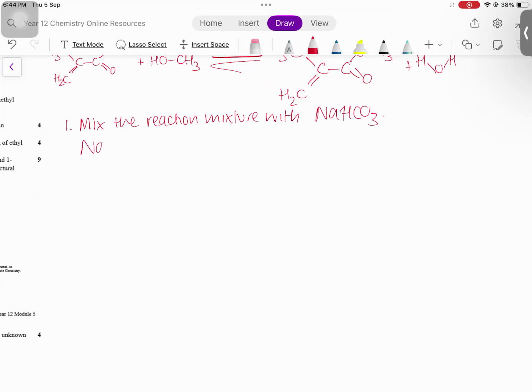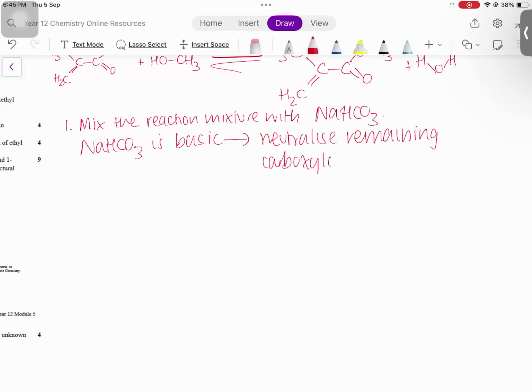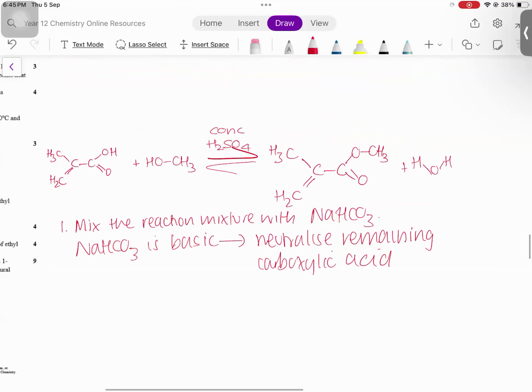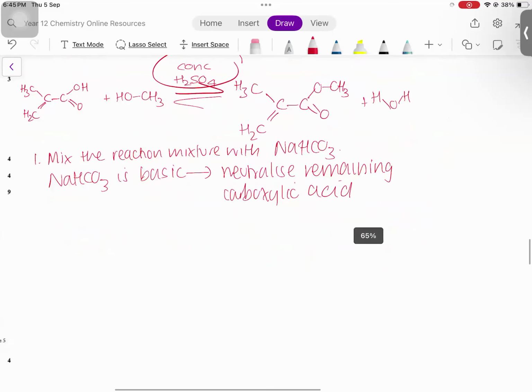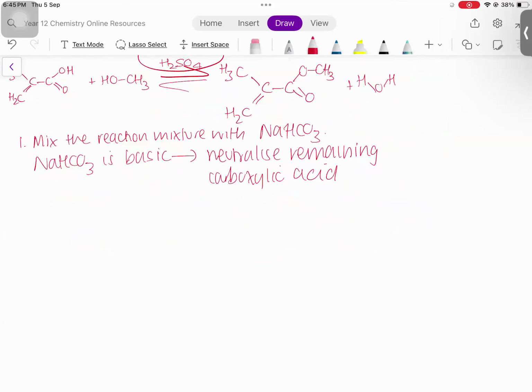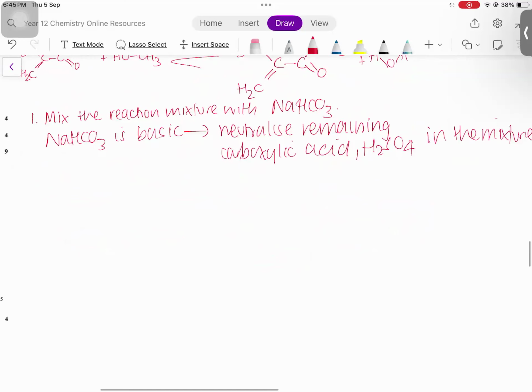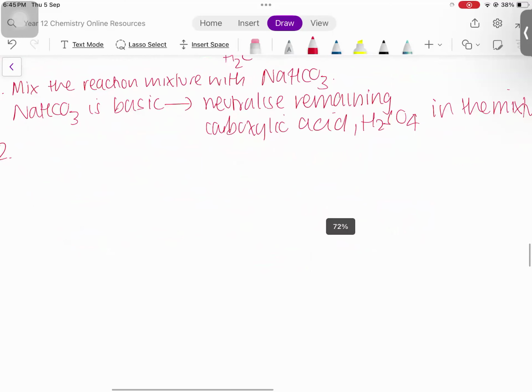NaHCO3 is basic, which means it can neutralize any remaining carboxylic acid. But then also you don't just have the carboxylic acid, you also have your H2SO4 catalyst. So it's to neutralize any remaining carboxylic acid as well as H2SO4 in the mixture, just so you don't have to deal with any corrosive stuff. So that's the first thing you do.